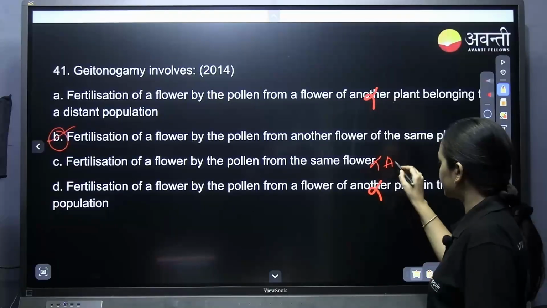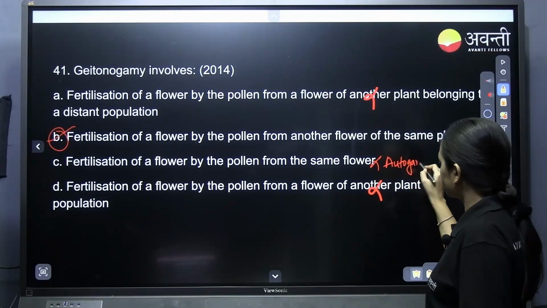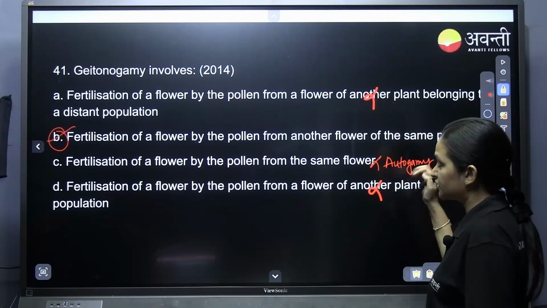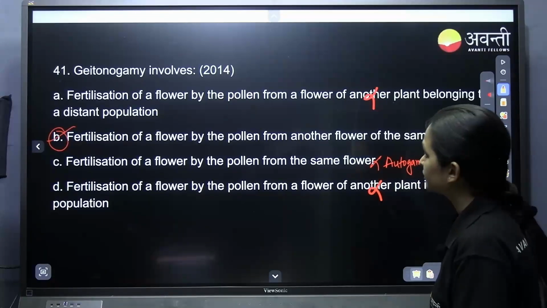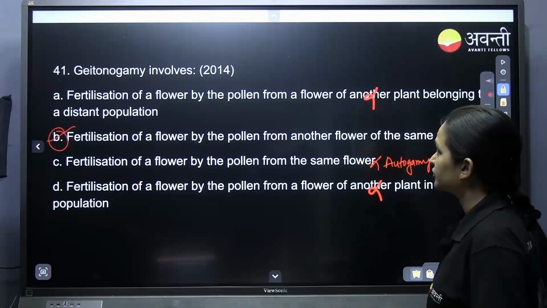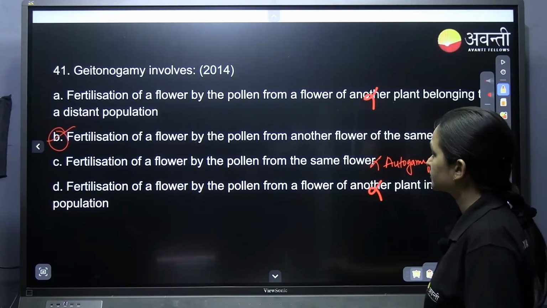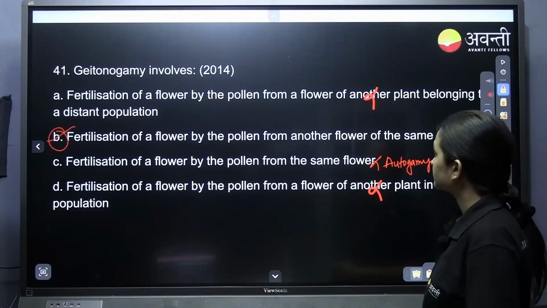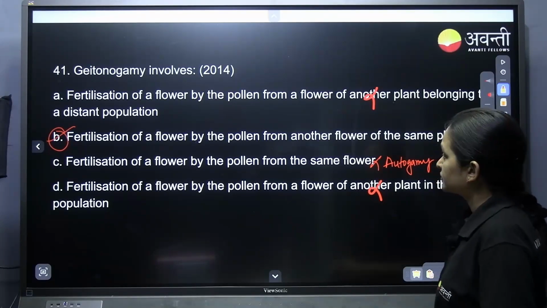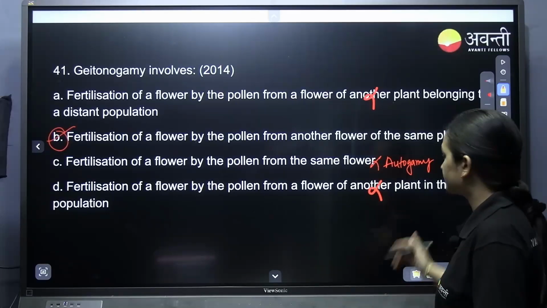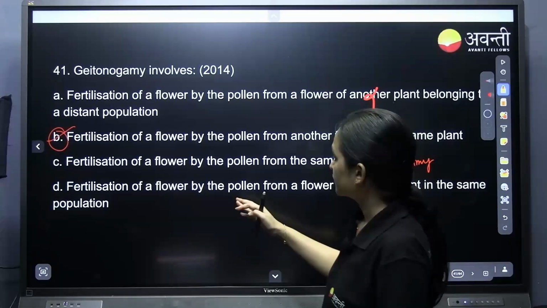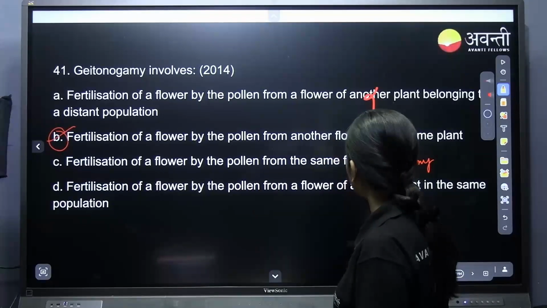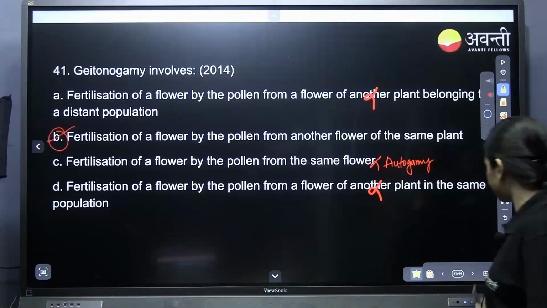No, this is autogamy. Anyway, understandable, right? Fertilization of a flower by the pollen from another flower of the same plant is the correct answer.